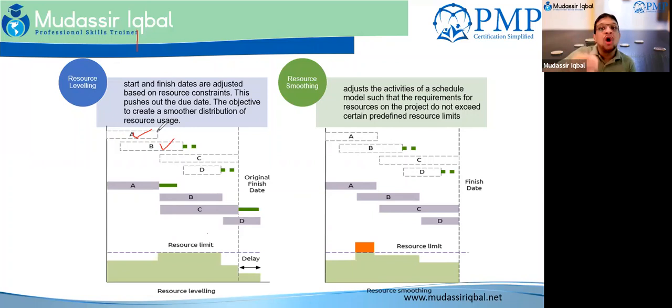Resource leveling always adds time to your project, because you cannot replace me in activity B, and therefore you are forced to create a finish-to-start relationship so that when I am available, I can start activity B after activity A.